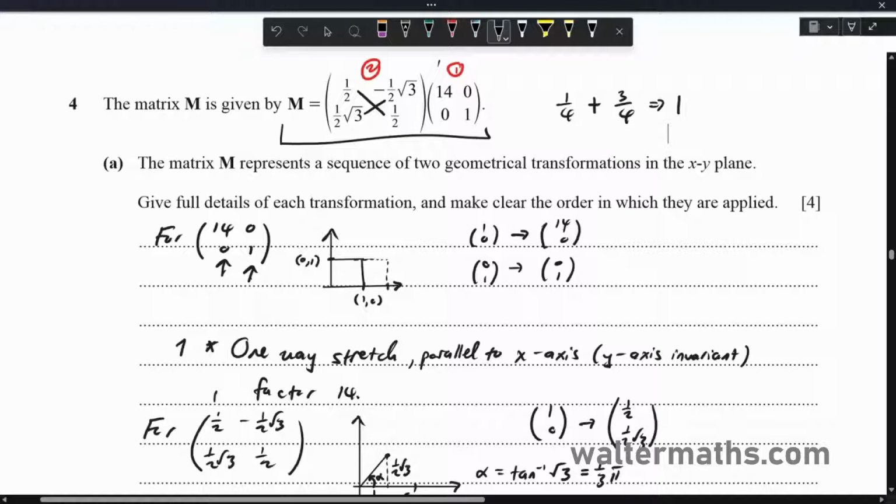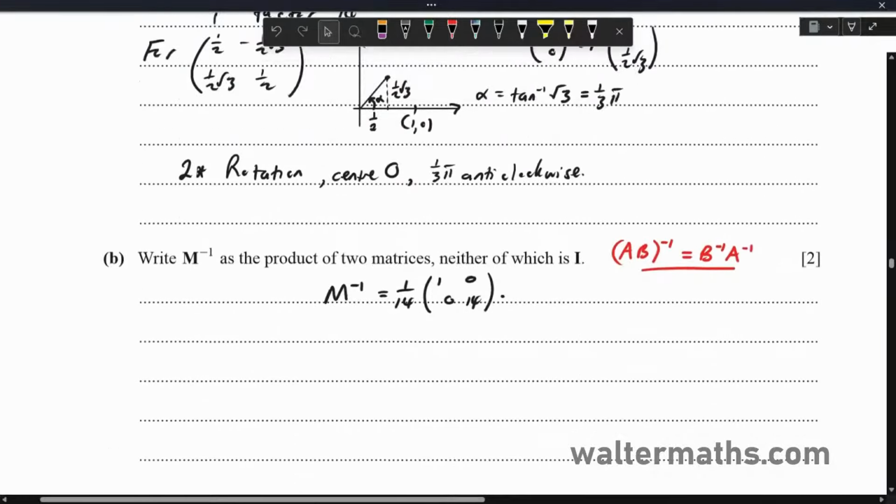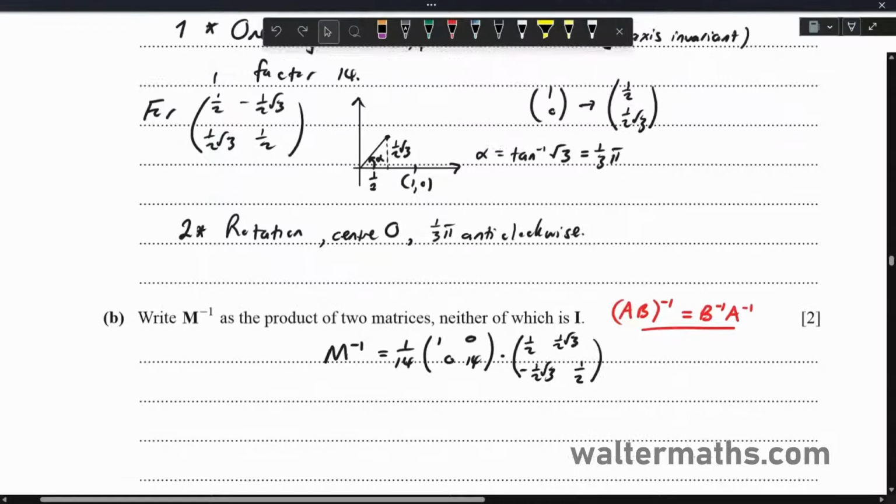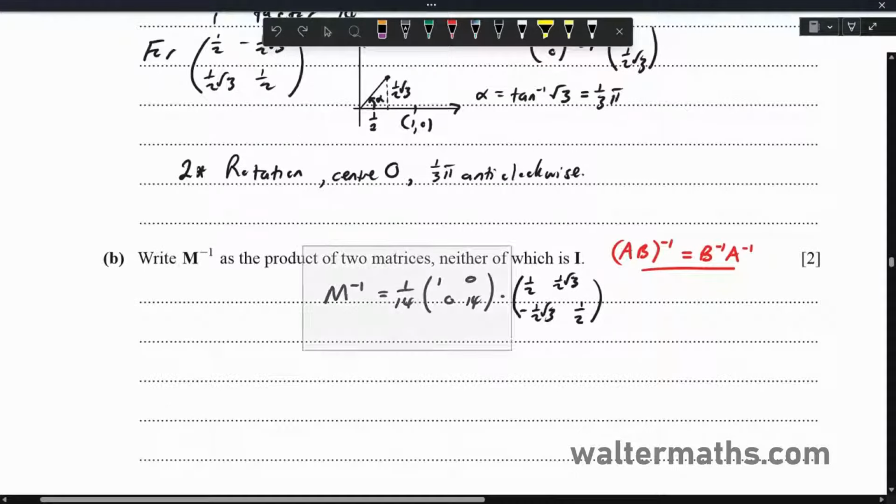And we switch positions of a half and a half and change both the signs of minus a half root 3 and half root 3. So the inverse is essentially a half, then half root 3 and minus a half root 3. So this is what we have in here, and that's actually what they want.